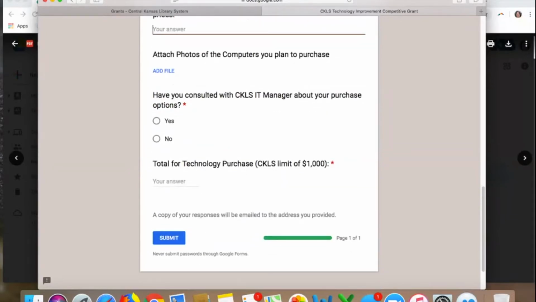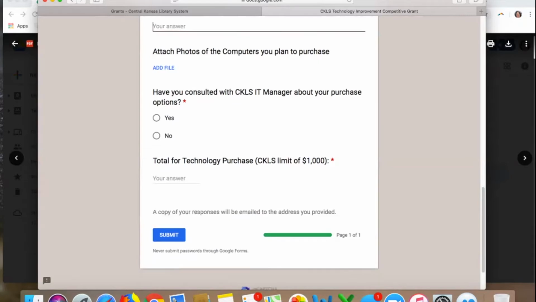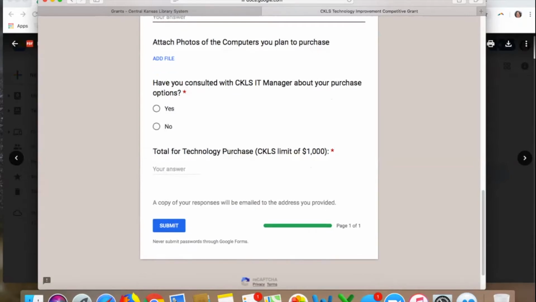With the technology grant, the reason you need to send the picture and the specifics is because the purpose of this grant is to help your library meet the 2016 Public Library Standards for Technology. We want to make sure you're purchasing equipment that's going to help your library meet that standard. Thank you, Gail. Yes. And then we also ask if you consulted the CKLS IT manager for your purchase options.